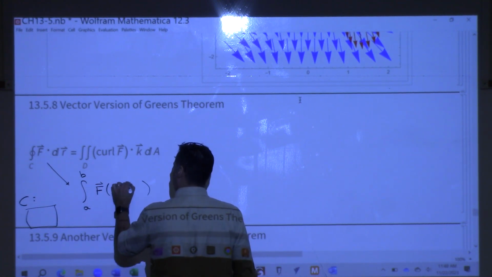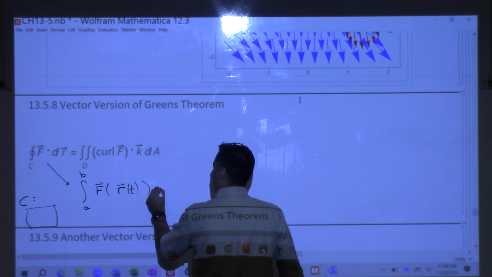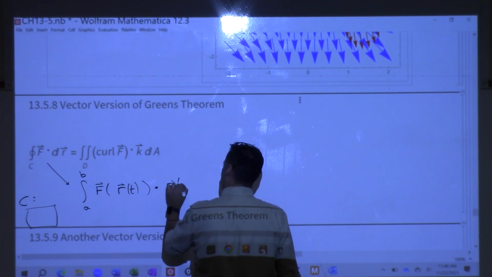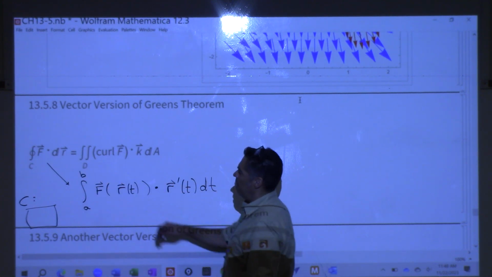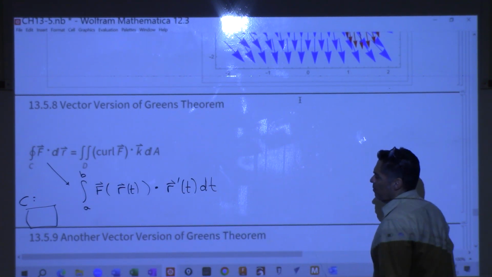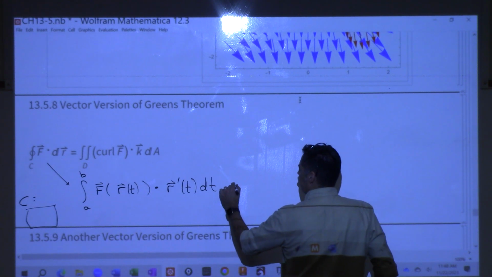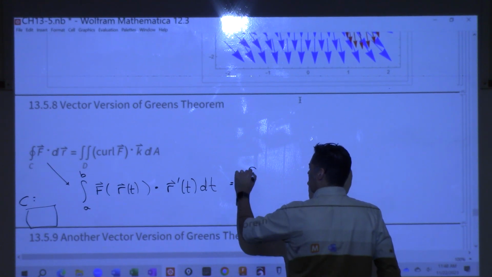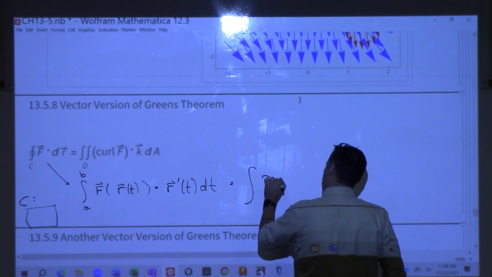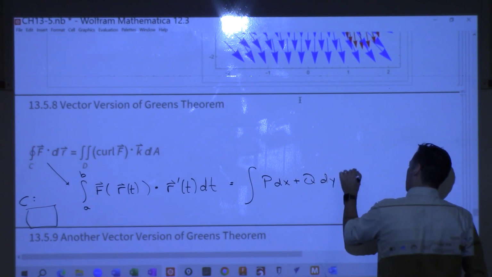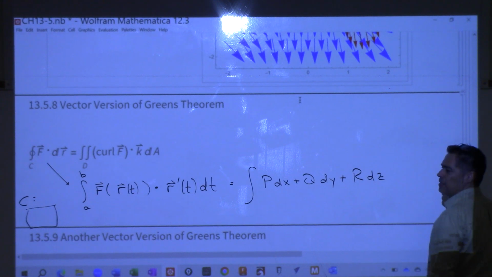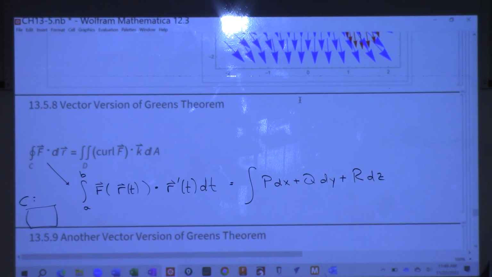I'll do f of r of t, and then dotted with r prime of t dt. That's what that was, okay? But we said that there was another notation for this, P dx plus Q dy plus R dz. Remember that? Right? There was another way we could do that.